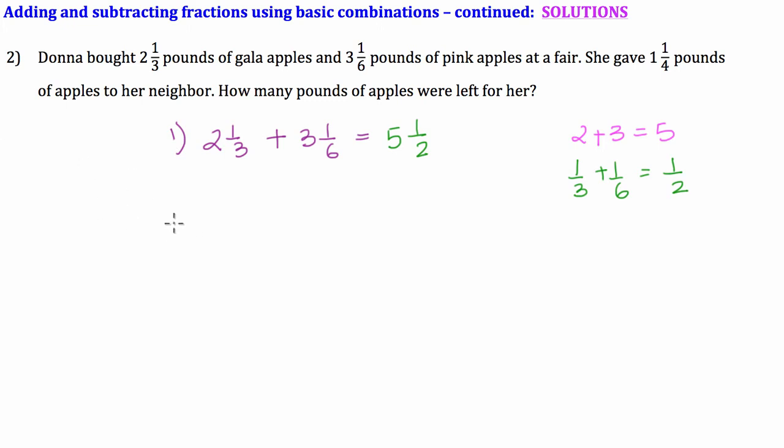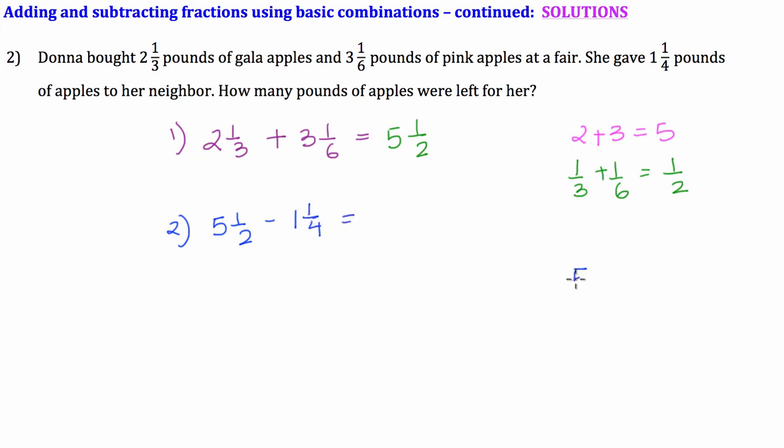The next step is to figure out that once she gives away 1 and 1/4 pounds of apples, how many apples are left for her. So she starts with 5.5 pounds of apples and she gives away 1 and 1/4 pounds of apples. So how do we do this?